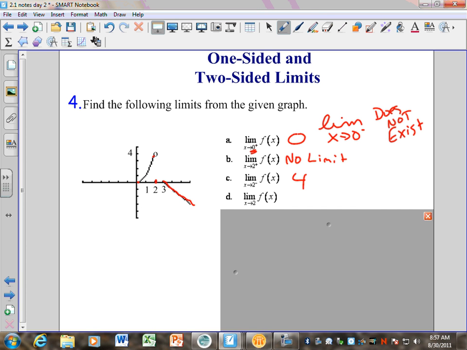So if you already did the right and the left, look up there. Are those the same? Definitely looking at the graph, coming from both sides, that's definitely not the same number. So there is no limit at 2 itself. Does that make sense on how you can tell if the limit exists or not?